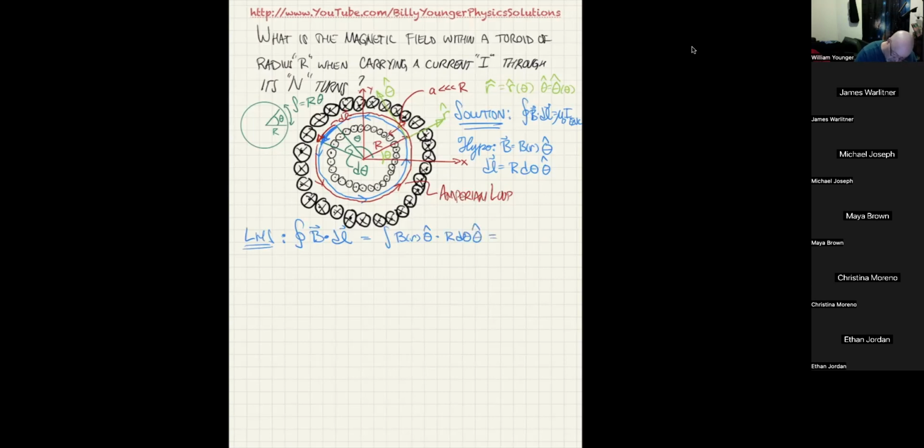Now that I'm doing a line integral, I have to make the argument of this integral be on the actual path.